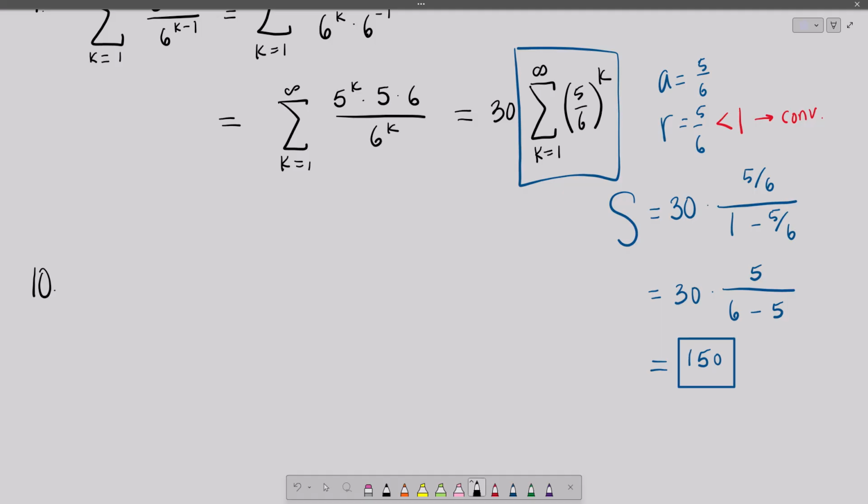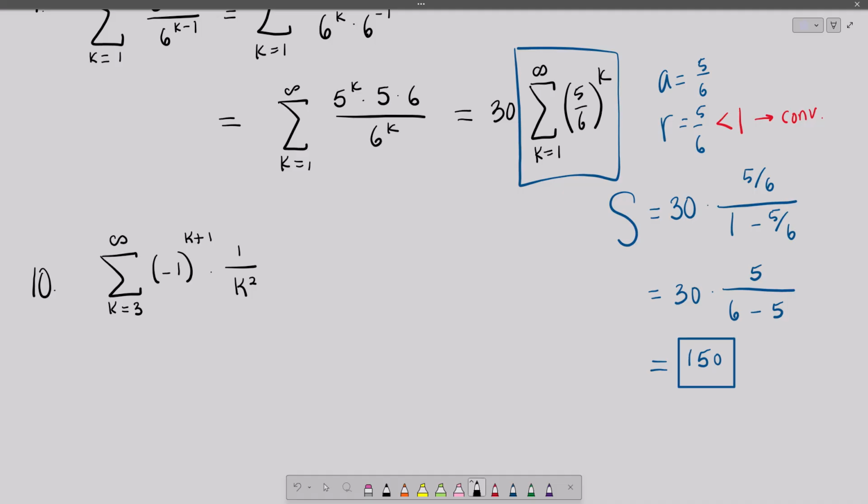So let's suppose we have an alternating series. Let's suppose it starts at 3, goes to infinity. And let's suppose we have minus 1 to the k plus 1, so the first term's positive. And let's suppose we have 1 over k squared. So we have an alternating series of 1 over k squared.